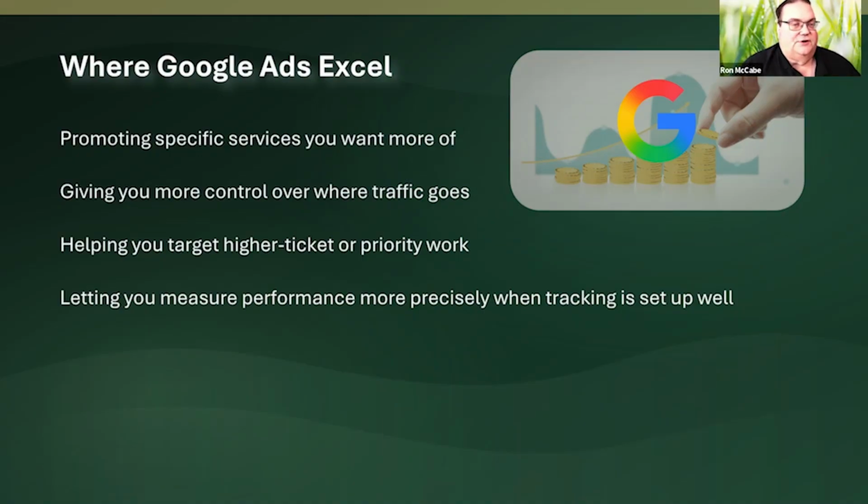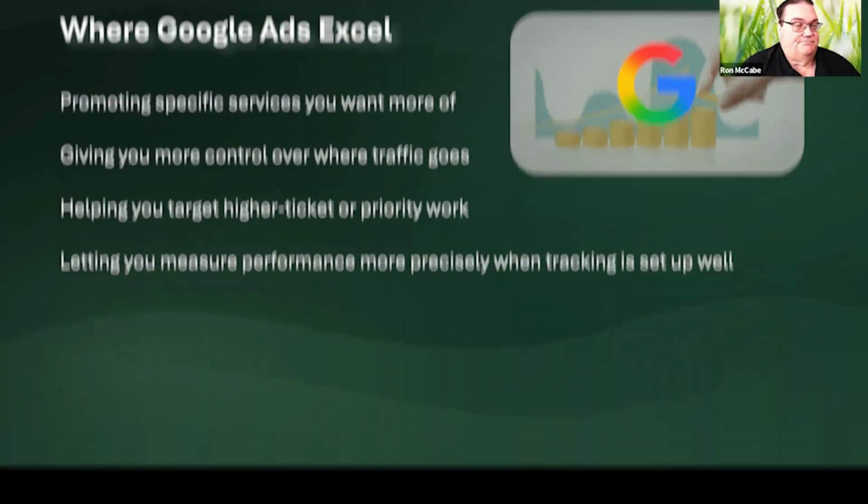So as companies grow, they tend to move to Google Ads, and it has a lot more metrics where you can more accurately measure the performance. There's also tools like WhatConverts, which is a tool we use. It helps you track the customer journey and also has tracking numbers so you can even track the calls and where the calls are coming from.